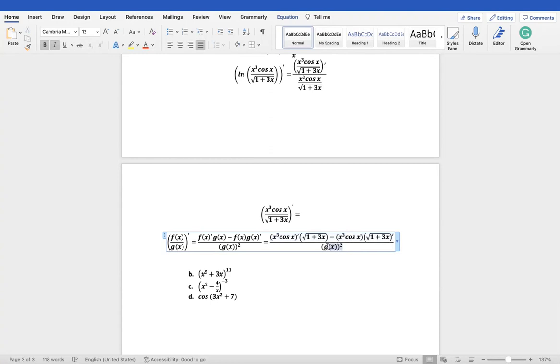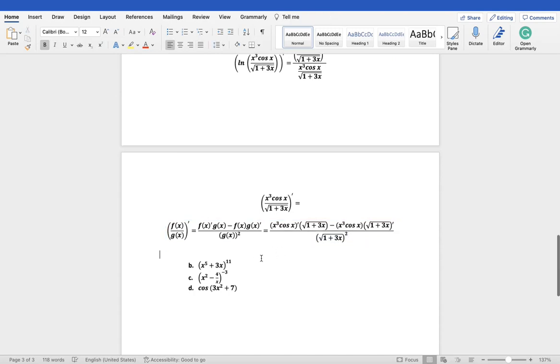Going back, you have g of x squared, so that's the root of 1 plus 3x squared, right? And as you simplify this, it's a long function.